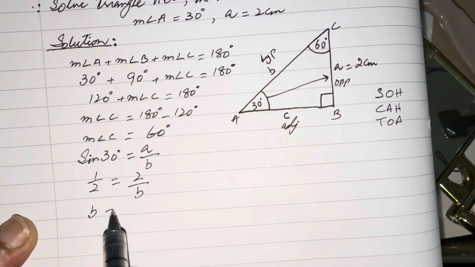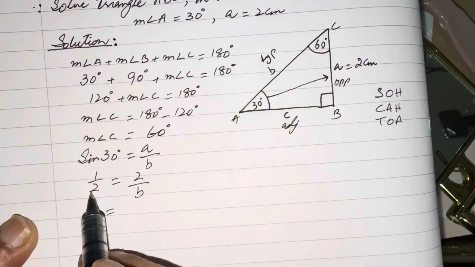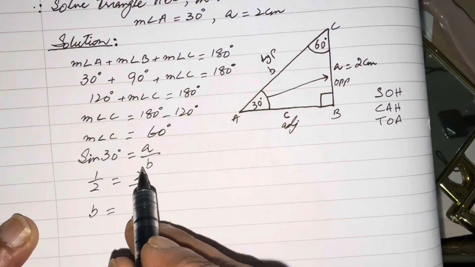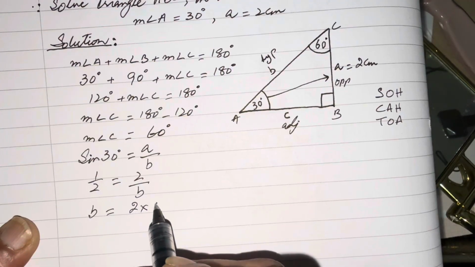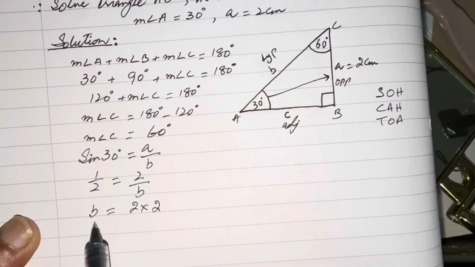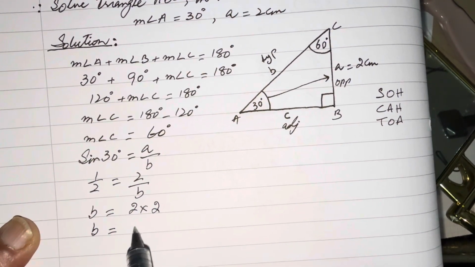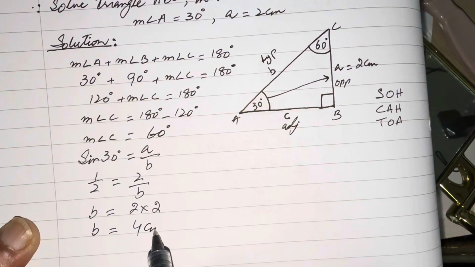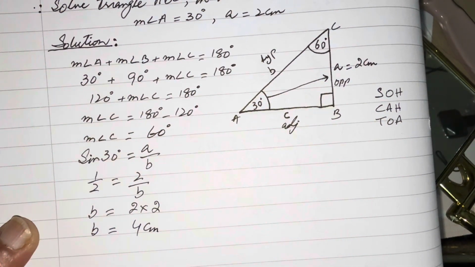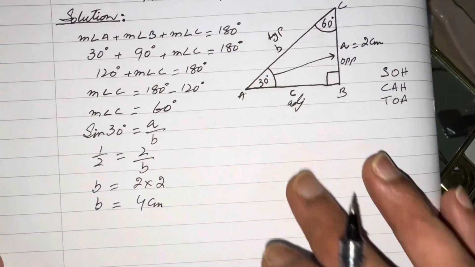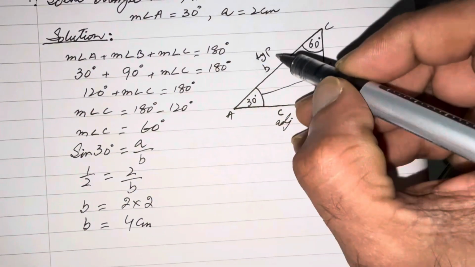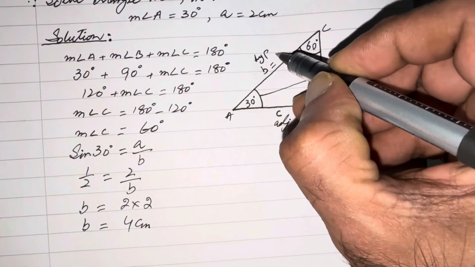Then b will be equal to 2 multiplied by 2, so b will be equal to 4 centimeters. So we can say that the length of the hypotenuse is equal to 4 centimeters.